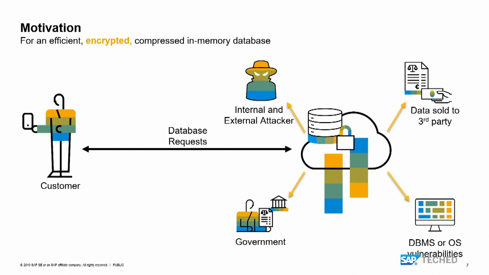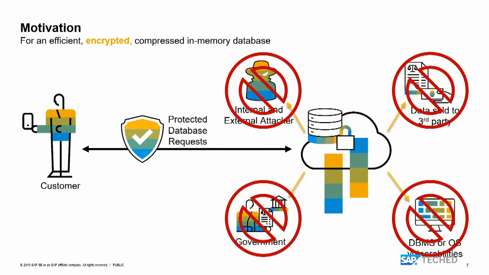We talk about encrypted data processing. So the queries in the database are processed on encrypted data. And here also the customer sends protected database queries now, because if he sends plaintext queries, the server would also learn that. And by encrypting the database, having protected database requests, we hinder all of the problems that I described before.